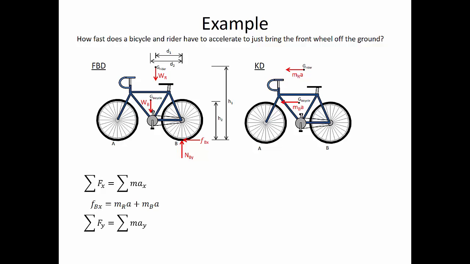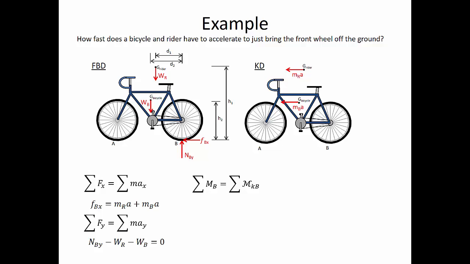We can also look at the sum of the forces in the y direction, which is equal to the sum of the masses times the acceleration in the y direction. In this case, our acceleration in the y direction is 0, so we simply have a statics problem. The normal force at point B at the back wheel of the bicycle minus the weight of the rider minus the weight of the bicycle equals 0. What about looking at moments and kinetic moments?